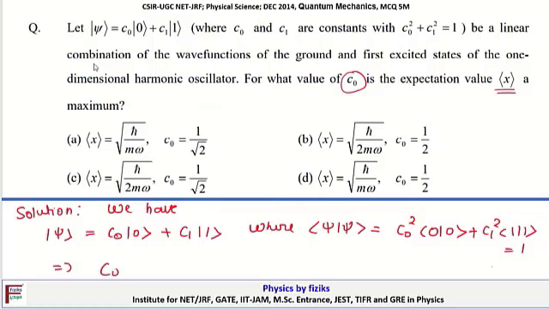This implies C0 square plus C1 square equals 1, or C1 square would be 1 minus C0 square.